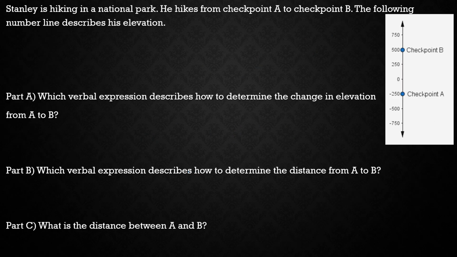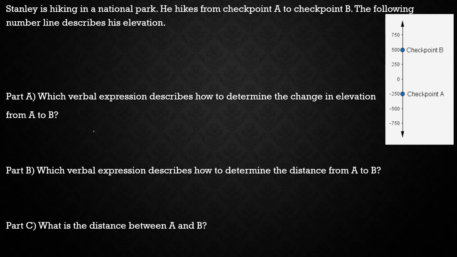Alrighty, next one. Stanley here is hiking in a national park, and he hikes from checkpoint A to checkpoint B. Notice that checkpoint A is a negative number, and checkpoint B is a positive number. Part A is asking which verbal expression describes how to determine the change in elevation from A to B. Like we just said, checkpoint A is a negative 250, and checkpoint B is positive 500.